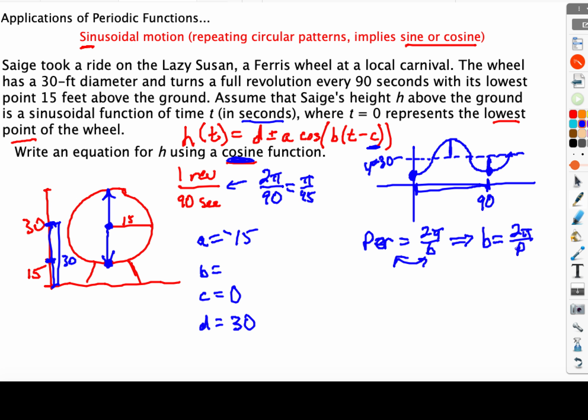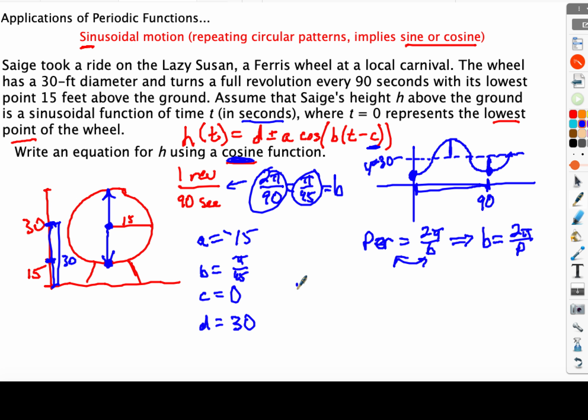Well, that's essentially what we found over here, right? 90 seconds was the period, 2 pi over 90, which just means, very simply, this is my b value. Pi over 45 essentially should be our b value, right? 2 pi over every 90 seconds will achieve us that number.